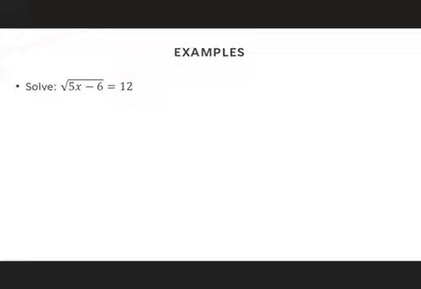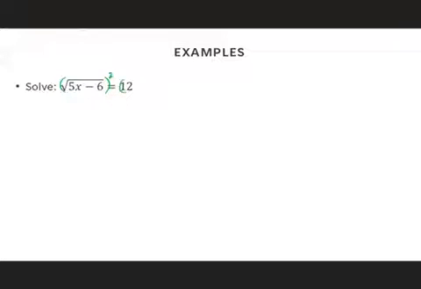All right, so let's say I have a square root. I need to solve the square root of 5x minus 6 equals 12. Now you can write this as a rational exponent if you prefer. You can do (5x minus 6) to the 1/2 equals 12. You don't have to, but you can. It's up to you. Either way, the next step is going to be to square both sides.